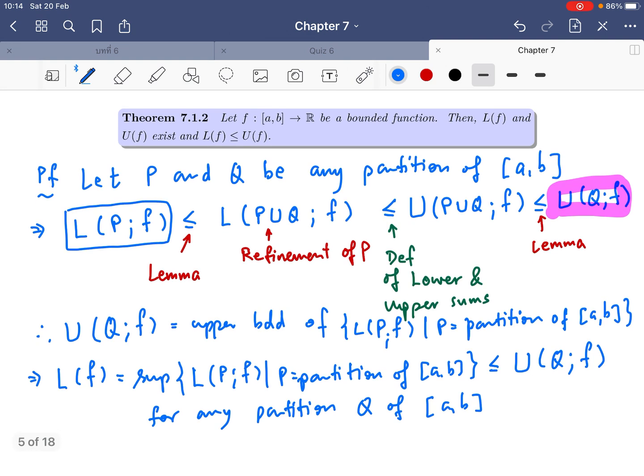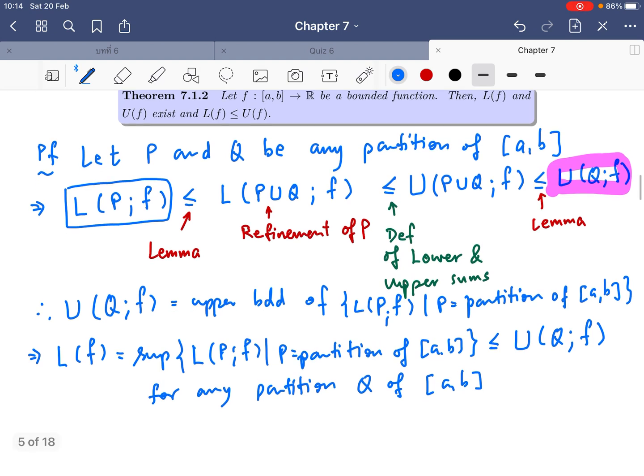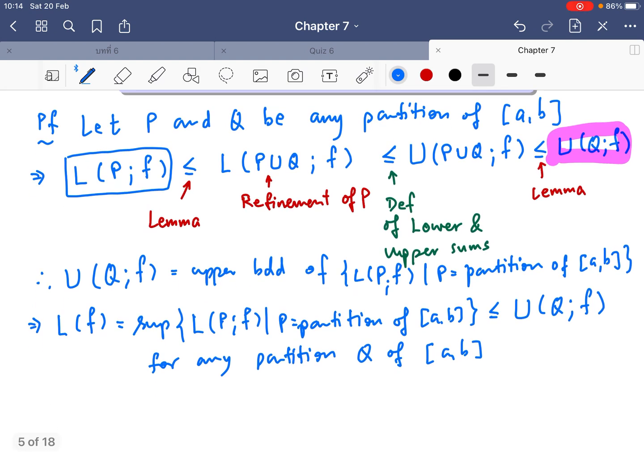Okay. So what does this mean? It means that of course the lower sum, the lower integral exists, right?